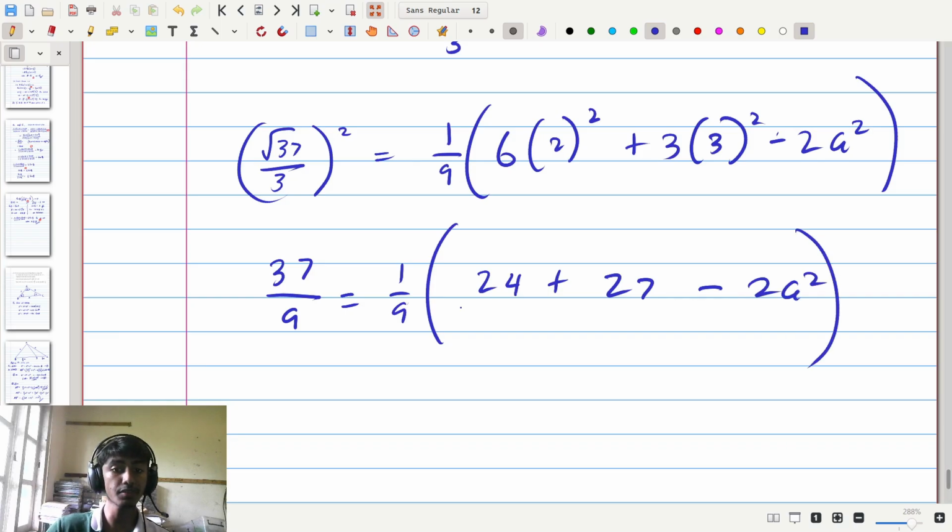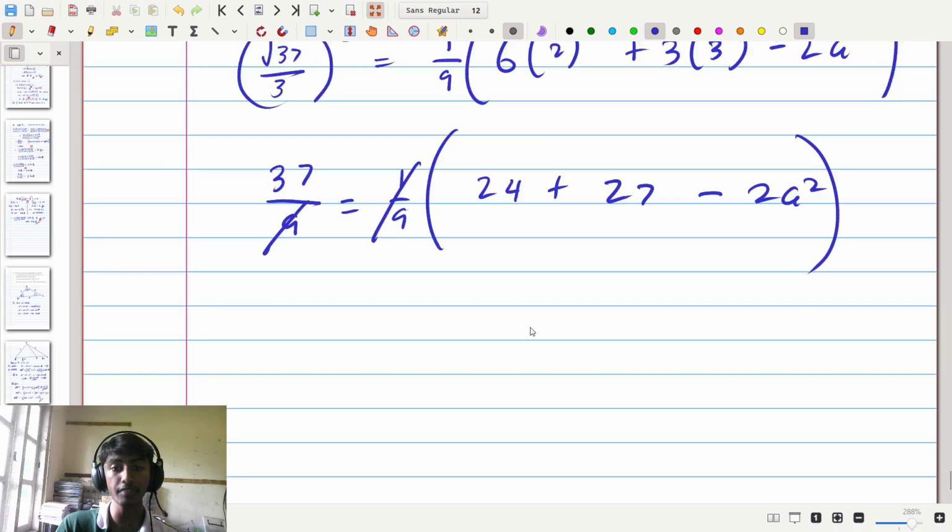Simplifying, we cancel the 1 over 9's and get 37 on the left hand side, so 37 equals 24 plus 27, which is equal to 51, minus 2a squared.